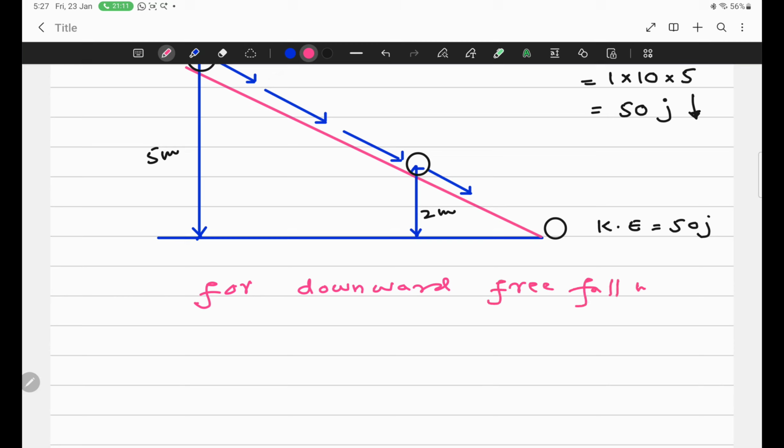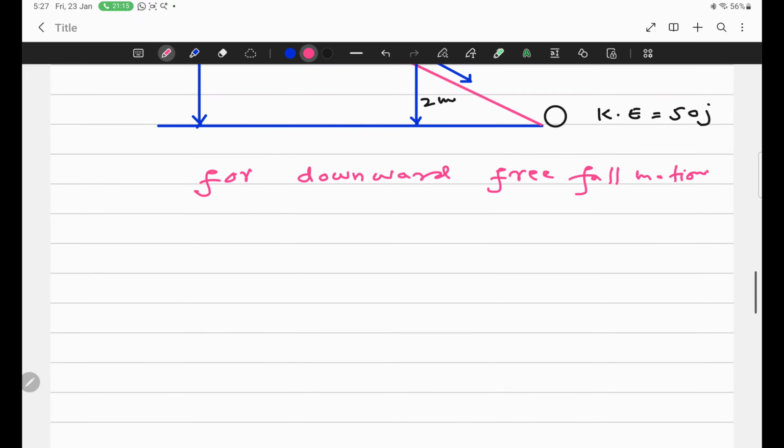Sir, what is the meaning of free fall? I will explain. For downward free fall motion, the potential energy loss equals the kinetic energy gain.